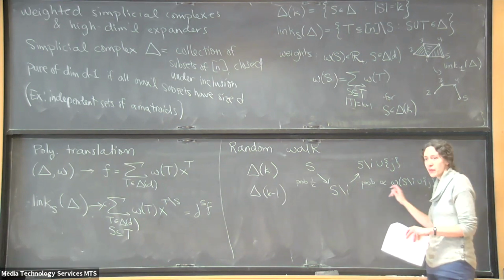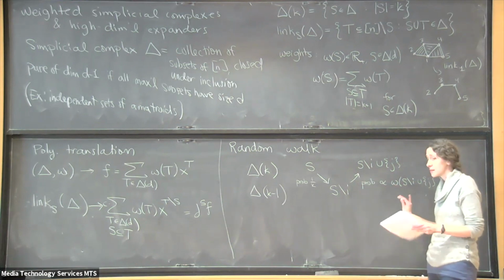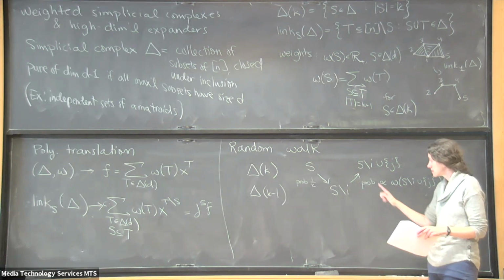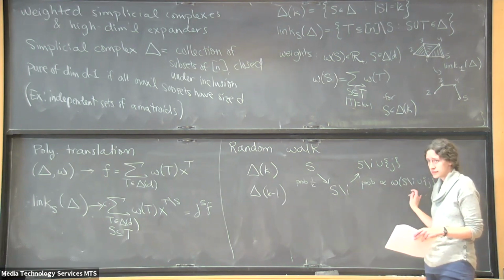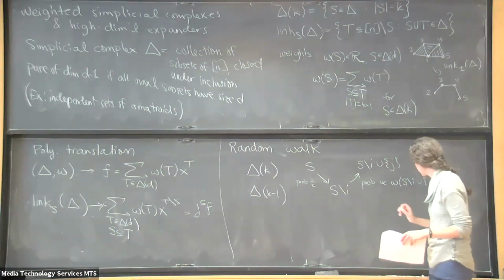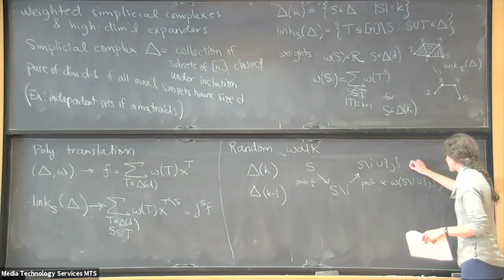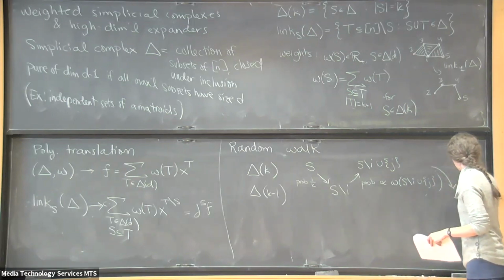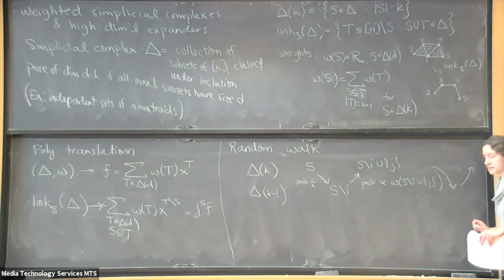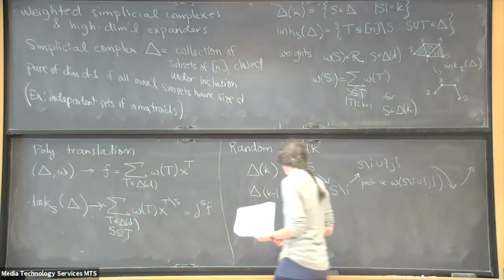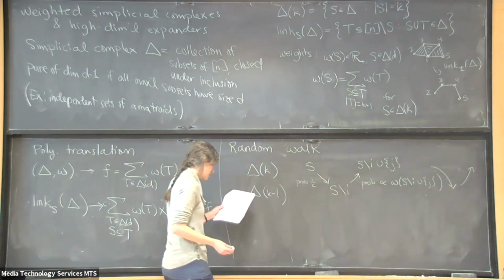They all have some weights, and I choose proportionally to these weights. So dropping down is uniform, going up is according to W. And then I could keep going. And this turns out to be a useful thing to do.